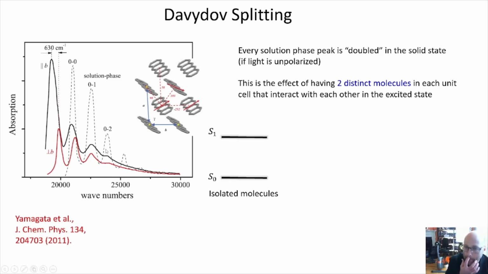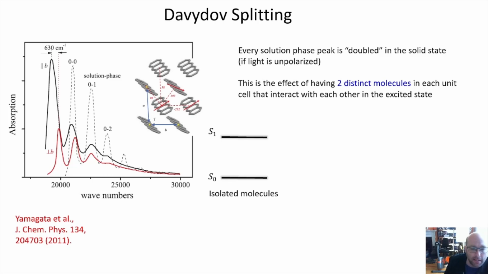And this is the effect of condensing tetracene into a solid-state unit cell where there are 2 molecules per unit cell. That's just a fact about the tetracene unit cell.